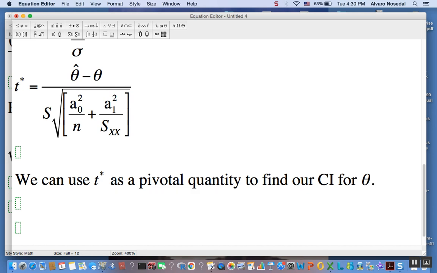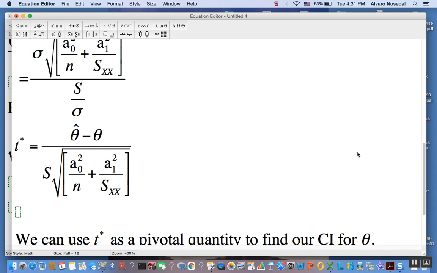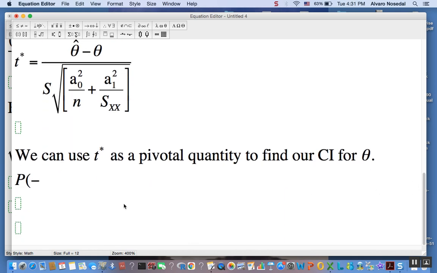Let me remind you what we mean by that. We could take a couple of critical values from the distribution. We know that this guy has a t distribution with n minus 2 degrees of freedom, so what we need is critical values from a t distribution with n minus 2 degrees of freedom. Depending on the confidence level that you want, those critical values will change.